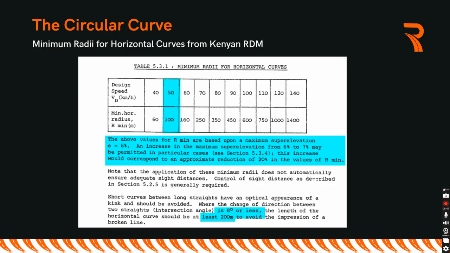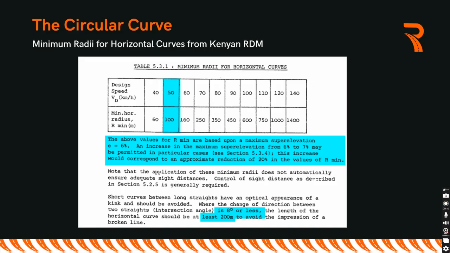There are instances where there is a need to increase the maximum super elevation, ideally when the curve is pretty tight. You would want to bank the road at a greater slope, and therefore you can move from 6, sometimes even to 8, and it's permitted in such instances.